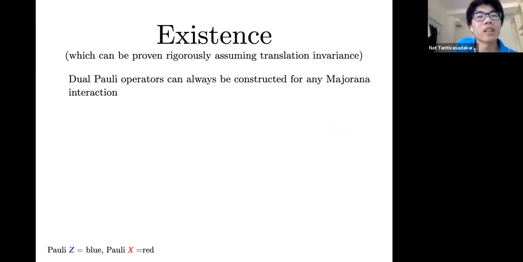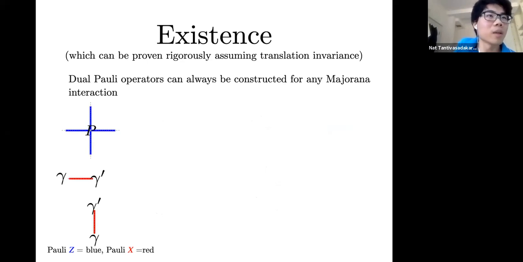The basic idea is, suppose I want to replace this P with a bunch of Pauli Z's. Like in the Ising case, these two red ones commute, but now we need to make them anti-commute, because here these two hopping operators anti-commute, but if I just map them to Pauli X's, they still commute.